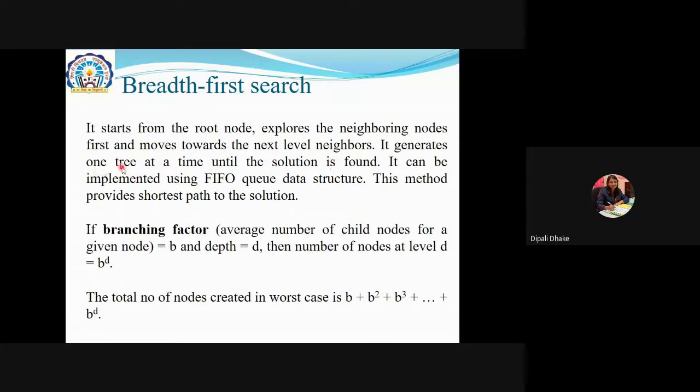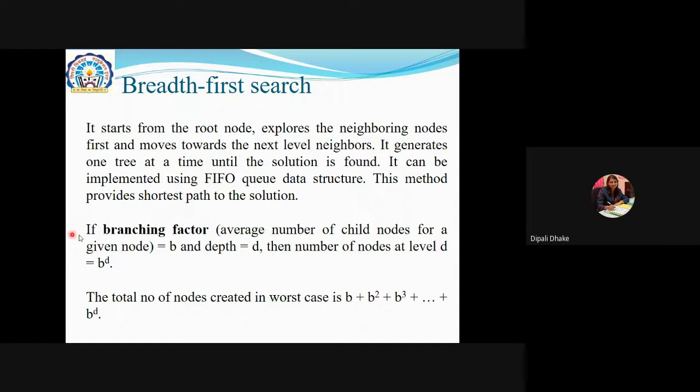It generates one tree at a time until the solution is found, like a hierarchy tree. It can be implemented using the FIFO-Q data structure, first in, first out. Remember this word, FIFO-Q data structure, used in breadth first search.